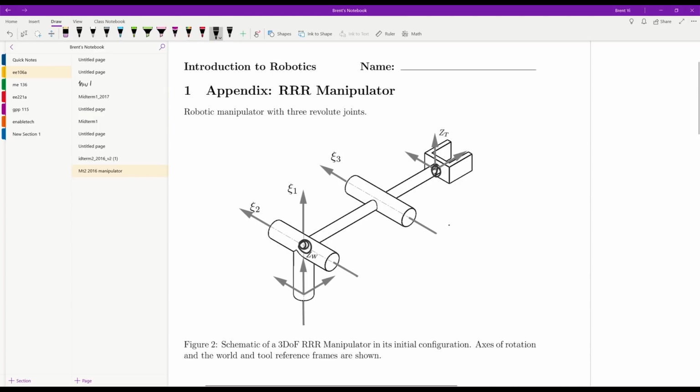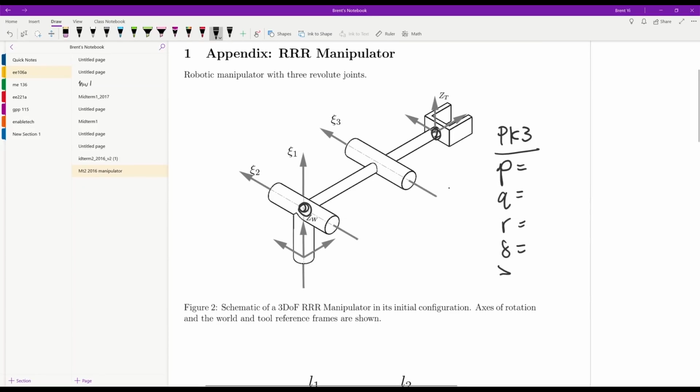And what we need for PK3 are a couple of terms to set it up. We need a P, which is a point that we're moving. Q, which is that center of the sphere or that point that we want a certain distance away from P. We want R, which is just a point along the axis of rotation. We want delta, which is the desired distance. Then we want some twist, right?